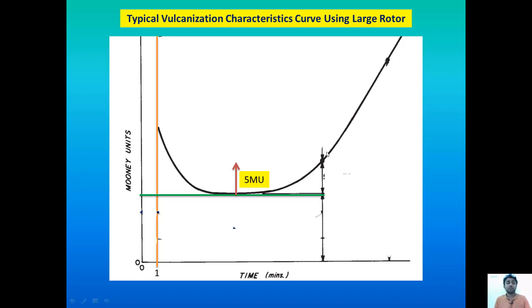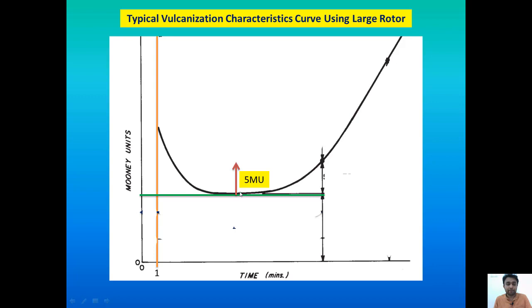But here we need to measure some important parameters. Those are called scorch time and cure time. We'll see how we measure this scorch time. We know the minimum Mooney viscosity we obtain under the cure curve, so it is here. Then we need to count 5 Mooney units upward from the minimum.